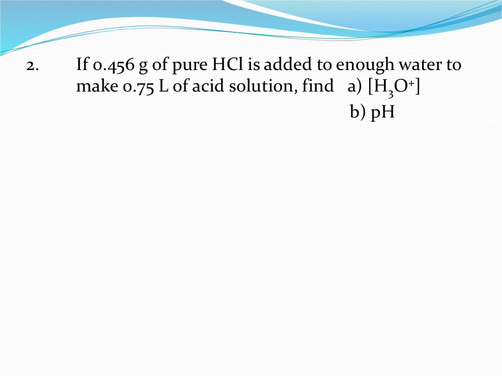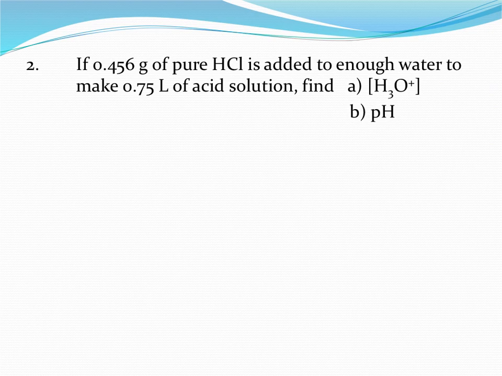This one right here says, if we have 0.456 grams of pure hydrochloric acid and it's added to enough water to make 0.75 liters of acid solution, find the hydronium ion concentration and the pH. The first thing we want to do is revisit the molar mass of hydrochloric acid.